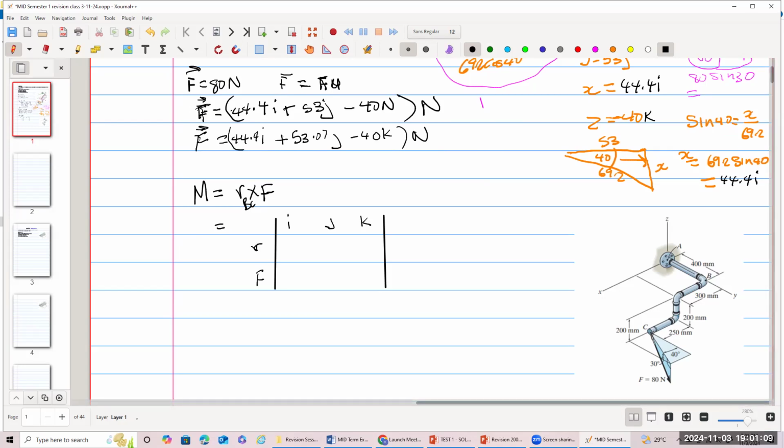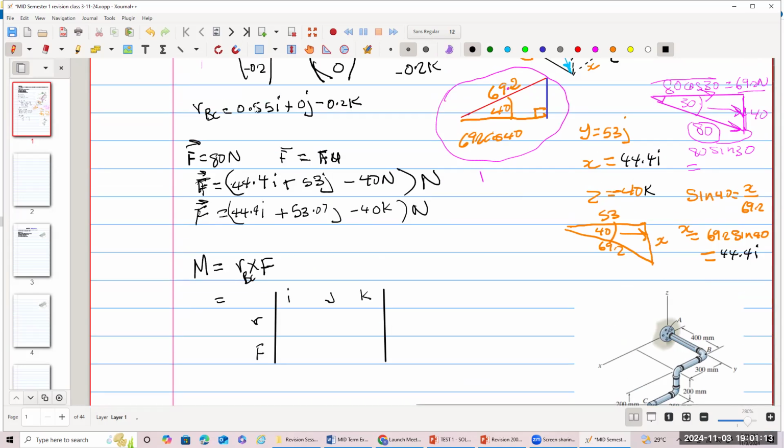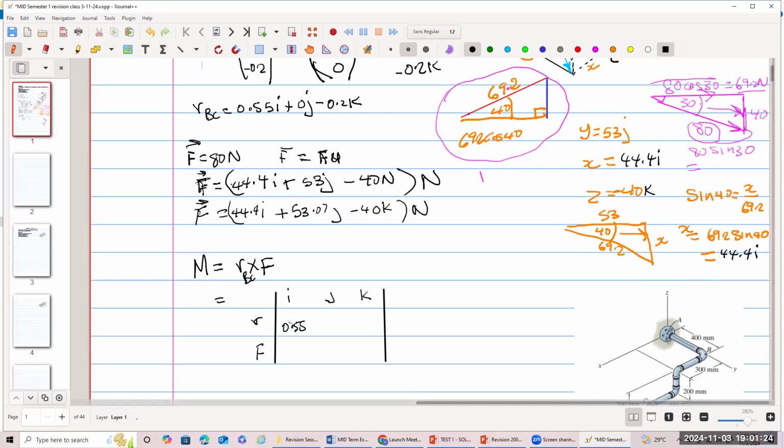So what is R now? R is a position vector. What was the position vector? Let's look for it up top there. RBC was about X point 5. Then you have 0, then you have minus 0.2 for that one.